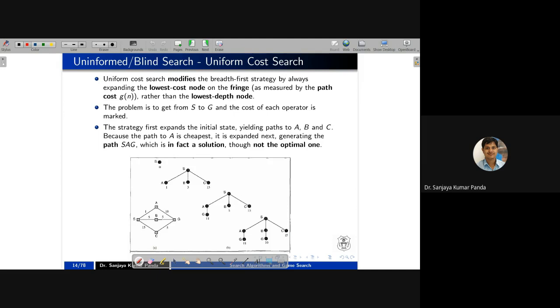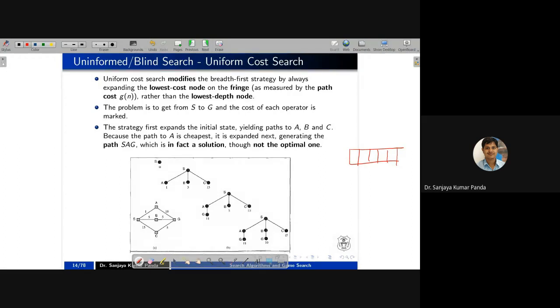So it says you have to expand the lowest cost node in the fringe. If 5 nodes are waiting in the queue, you have to choose the node which is the lowest cost. Fringe means the nodes that are waiting and not yet expanded. So you have to choose the lowest cost node.